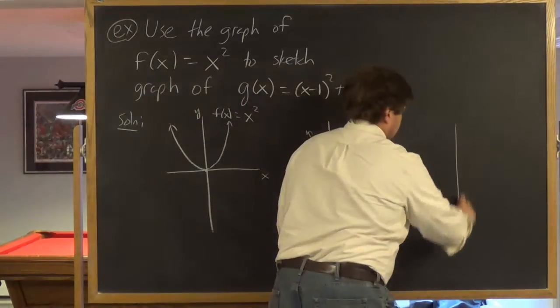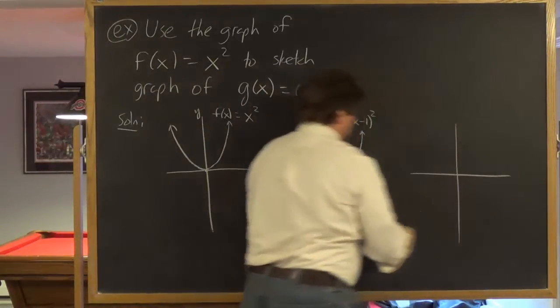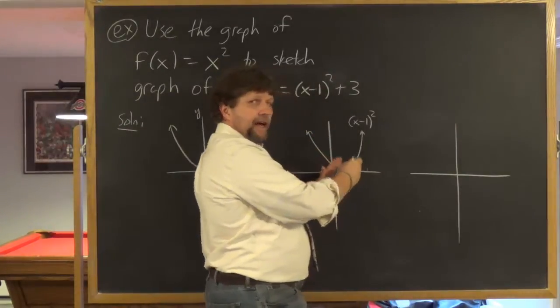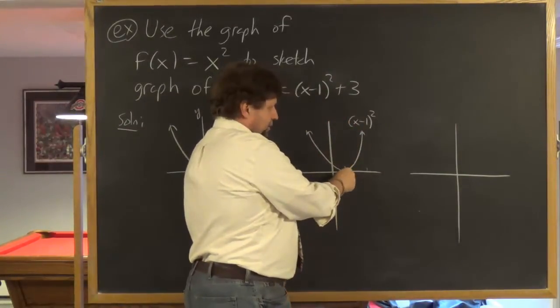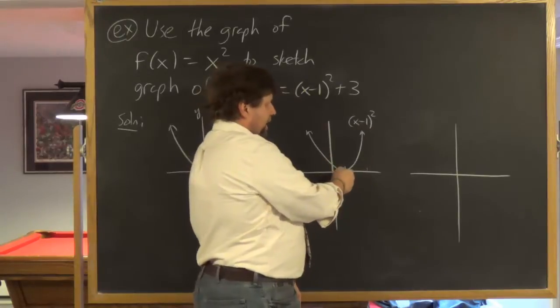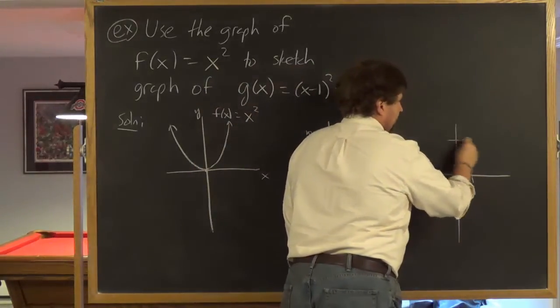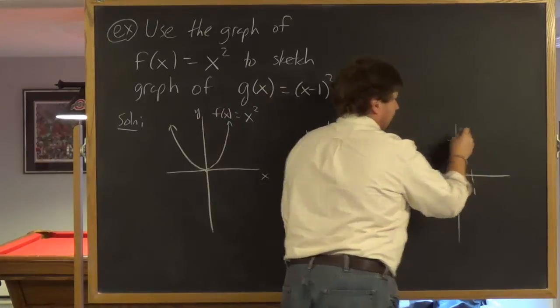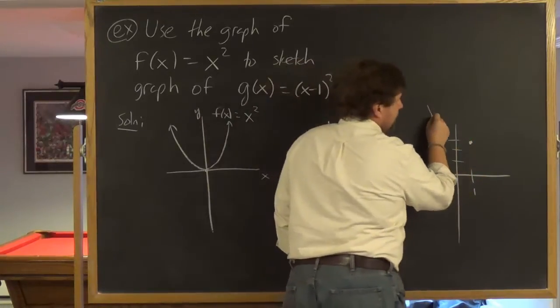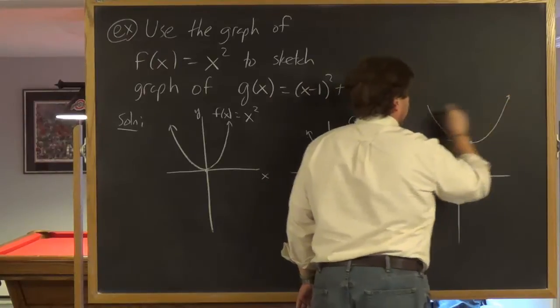So I'm going to take this and move it up 3 units. That means this point, which is at (1, 0), is going to go up to the point (1, 3). And let me sketch the graph.